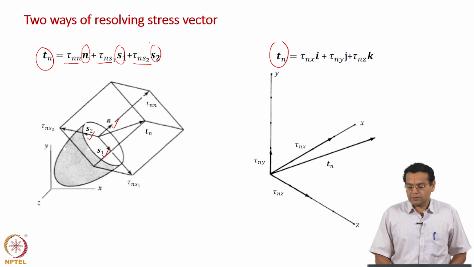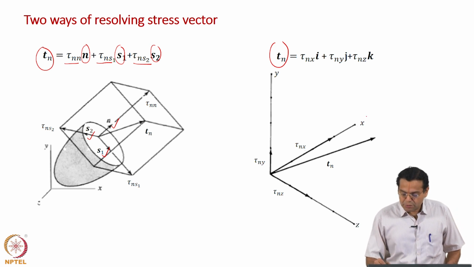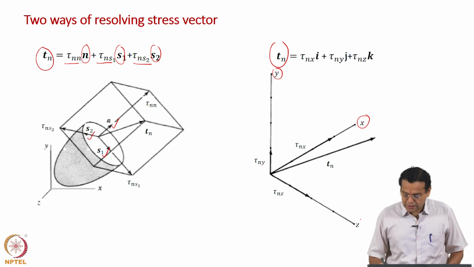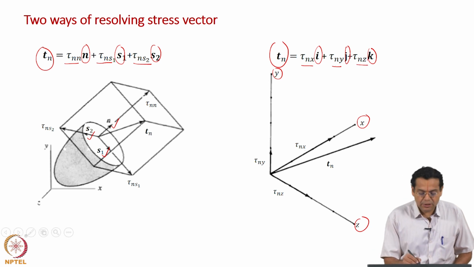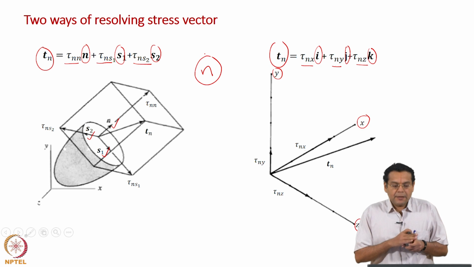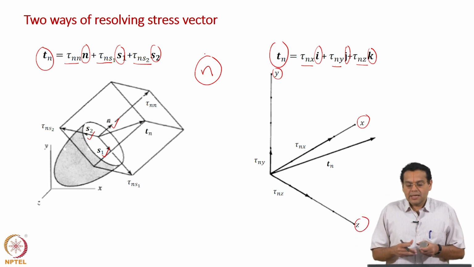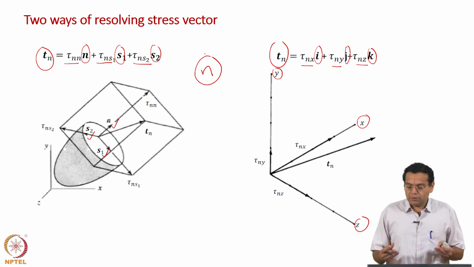Same stress vector only has now been resolved along our usual x, y, z Cartesian coordinates, and that is why the unit vectors are now i, j and k, and the components become tau n x, tau n y, tau n z. Please note the first subscript is still n, the same plane, only the second subscript has changed because the coordinate directions along which you are resolving is different in both the cases.